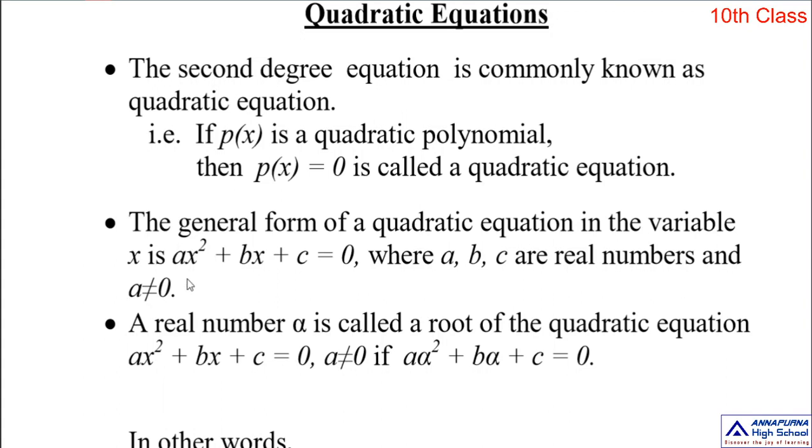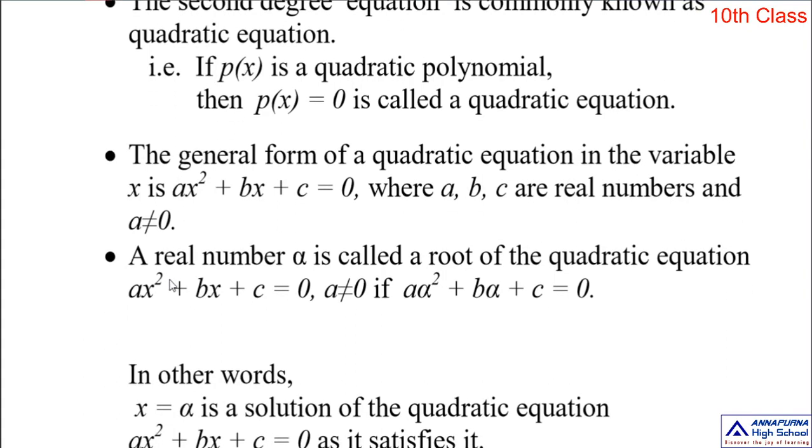Why? Because a is the coefficient of the highest degree term in that equation. A real number alpha is called a root of the quadratic equation ax square plus bx plus c is equal to 0, a not equal to 0, if a alpha square plus b alpha plus c is equal to 0.